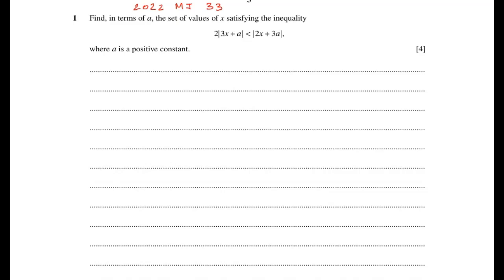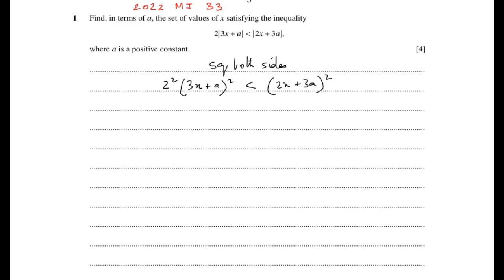Okay, so we're going to go about it the way we like to, which is to square both sides. Remember to square the 2 as well. So 2 squared into 3x plus a, the whole squared, is less than 2x plus 3a, the whole squared.